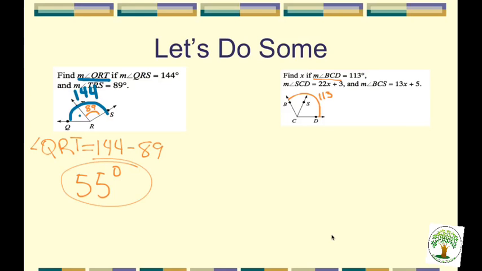SCD is inside there. I'm going to change colors. SCD, and I'm going to have to come on out. It's 22x plus 3. I can't do it inside, it's too little. Change colors again. This piece, it tells us, is 13x plus 5.